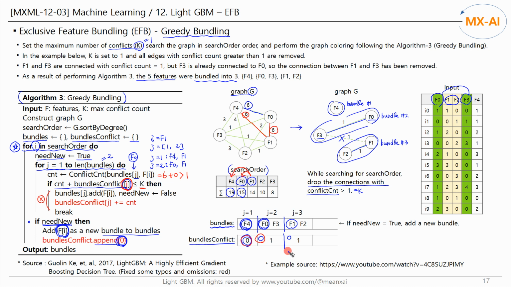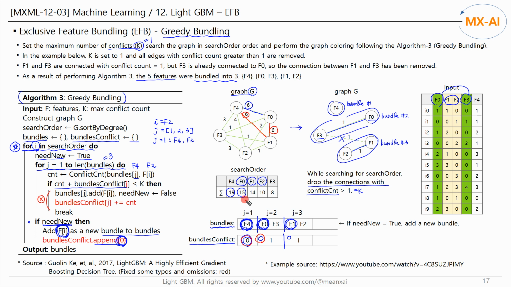In the next iteration, I is F2. J is from 1 to 3. This time, there are 3 elements in the bundles list. If J is 1, get the conflict counts between F2 and F4 from the graph.